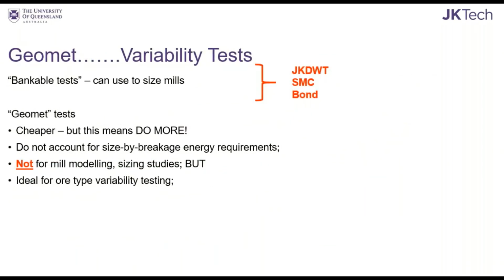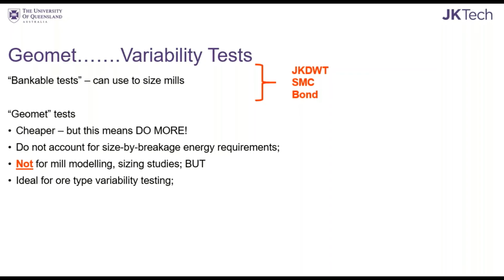So I'll get into some of the more geometallurgical variability tests that we typically perform as part of our Geomet style projects. Again, these are not bankable tests used to size mills. We've gone through the drop weight test, the SMC, and Bond tests in general. The Geomet tests are the cheaper tests, but it doesn't mean you save a lot of money.